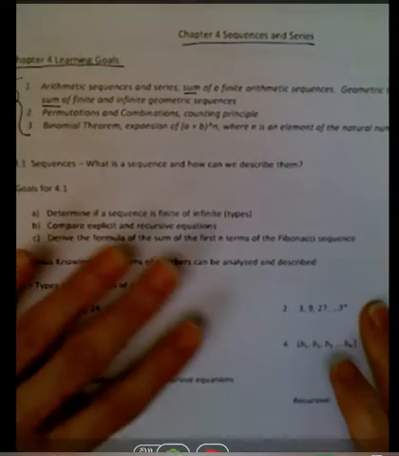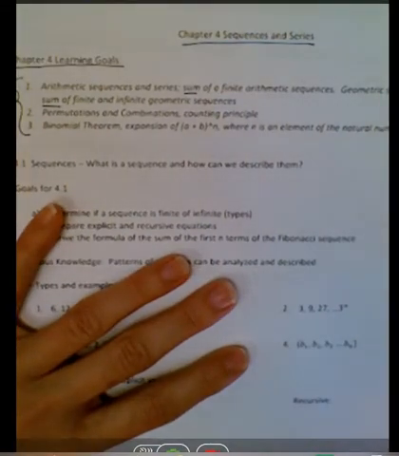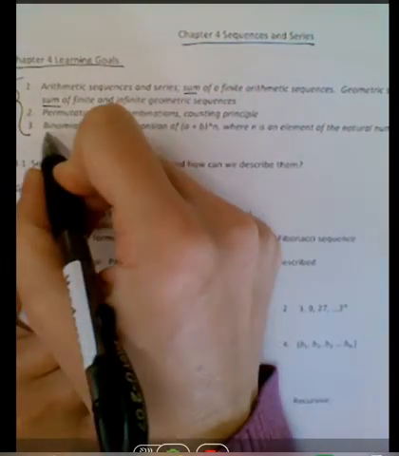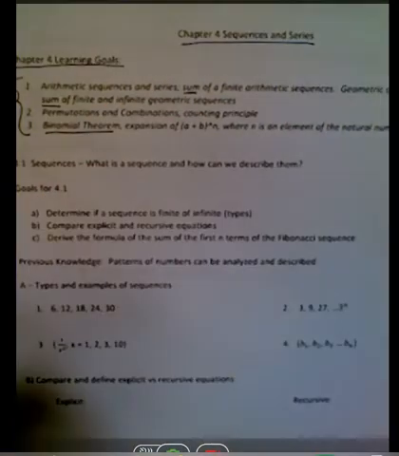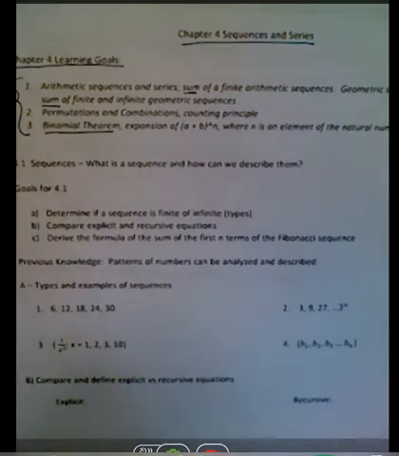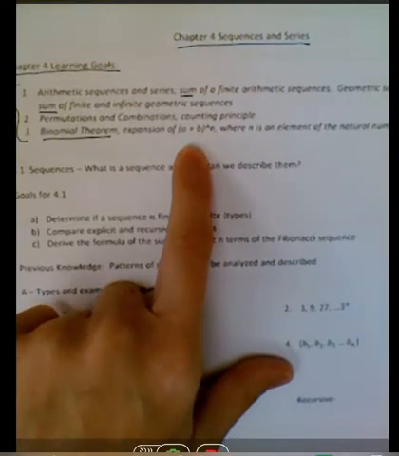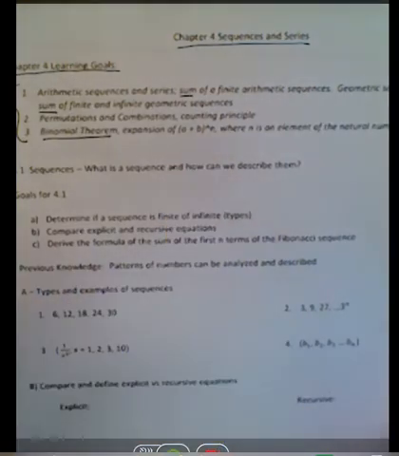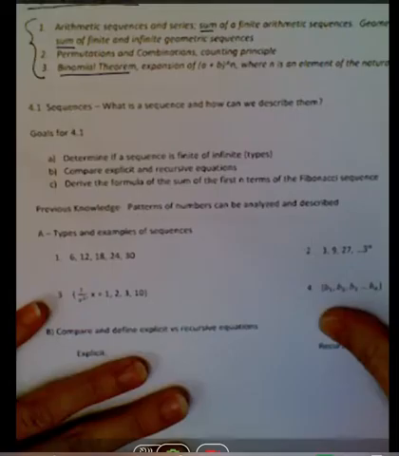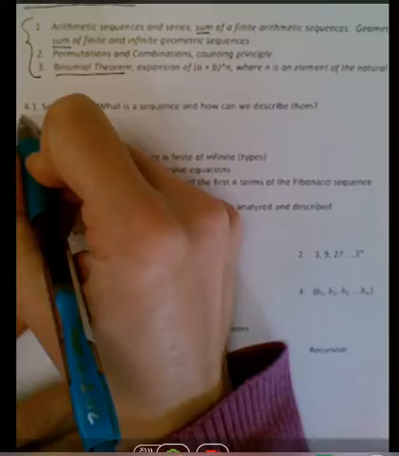We're going to review permutations and combinations, counting principle, and then the big one, it seems to show up on most DP tests, which is the binomial theorem and how to use that efficiently to help you expand large polynomials.